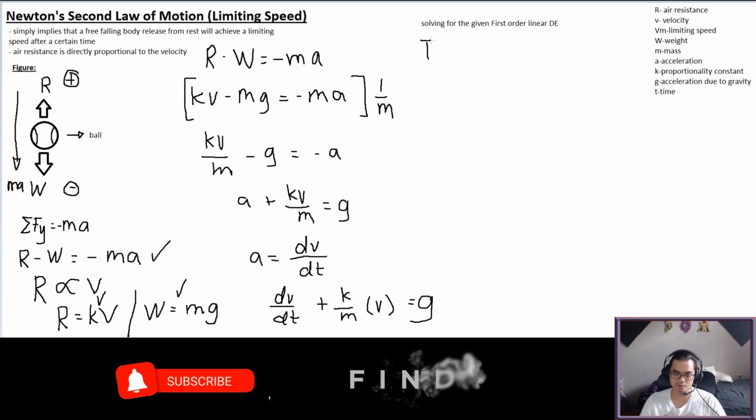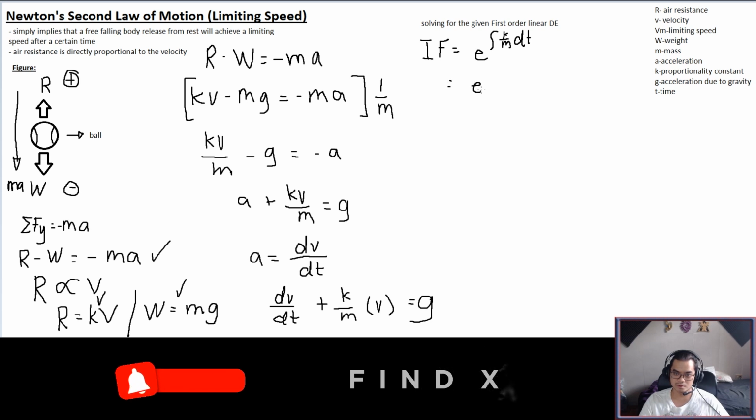So for the integrating factor, this is equal to e raised to the integral of k over m dt. Applying the integral now, you'll have e raised to k over m t. So this will be your integrating factor.